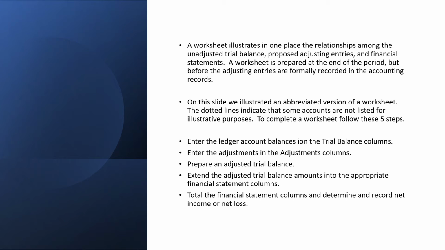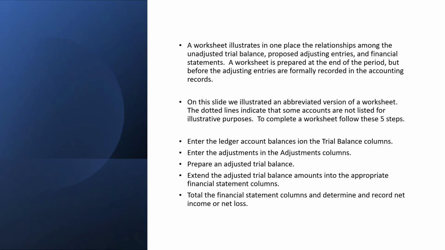Our worksheet explains in one place the relationships among our unadjusted trial balance, proposed adjusting entries and financial statements. Our worksheet is prepared at the end of the period, but before the adjusting entries are formally recorded in the accounting records.